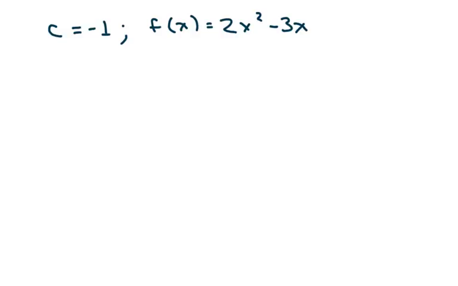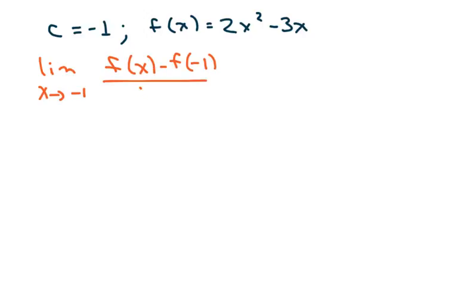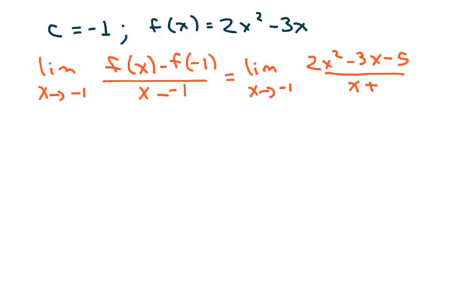Okay, the next one is this one, and I'm going to go a little quicker now. Limit as x approaches negative 1 of f of x minus f of negative 1 over x minus negative 1, which equals the limit as x approaches negative 1 of 2x squared minus 3x minus 5 over x plus 1.